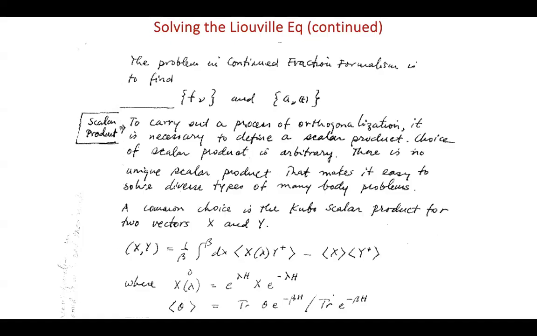People have also tried to use the definition of Green's function as a scalar product. So there are many other strategies people have tried. Not all of them have worked out very well, but Kubo's scalar product generally tends to work in most places.